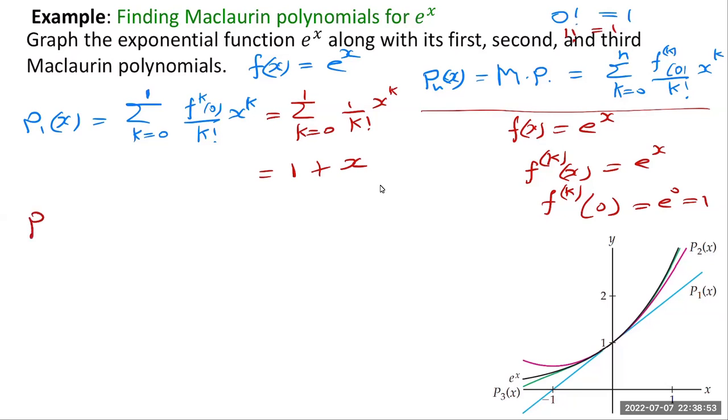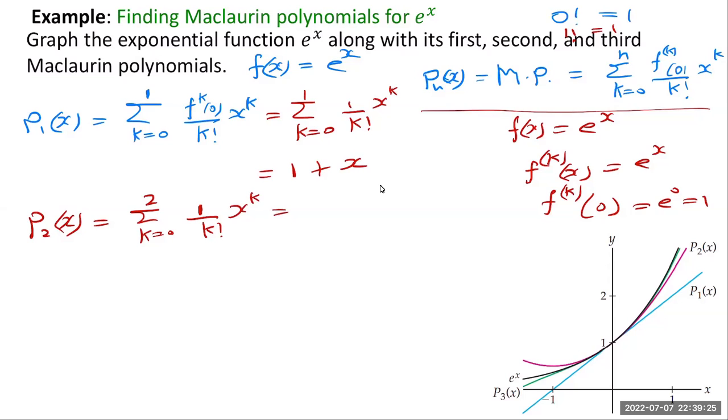And then we need to find P2(x), the second Maclaurin polynomial. So how do you find P2? That is going to be k goes from 0 to 2 this time. Not 1, it is 2, because you are looking for the second polynomial. We know that f^(k)(0) is 1 for any k, so let me plug in 1 there: 1 divided by k factorial times x to the power k.